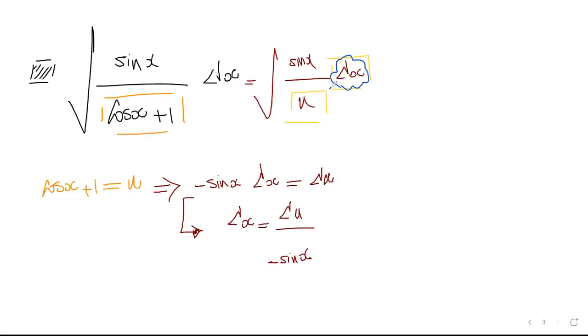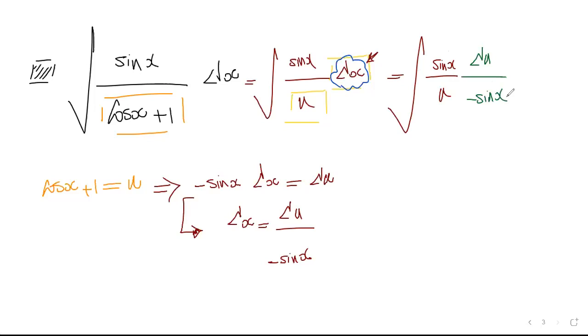Then I cut dx here and replace it with the one I already found. I have sine x as before, u, and instead of dx, I have du over minus sine x.